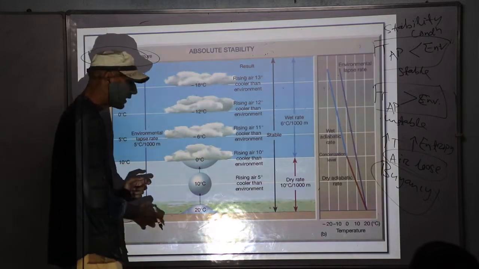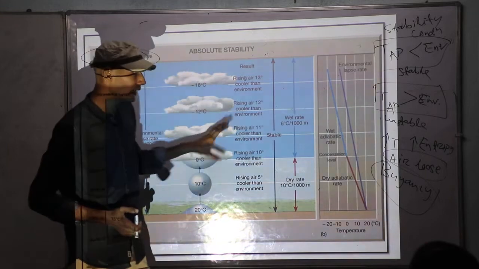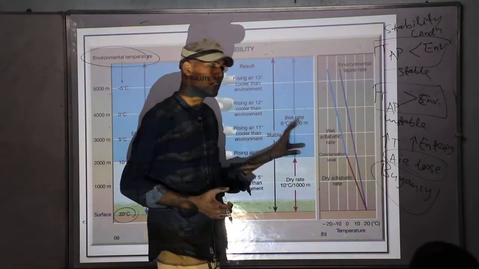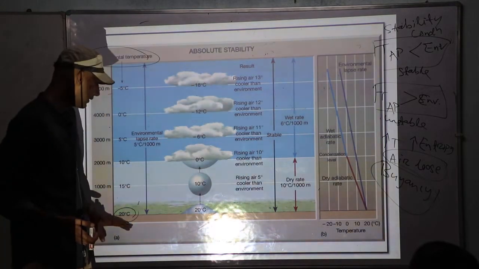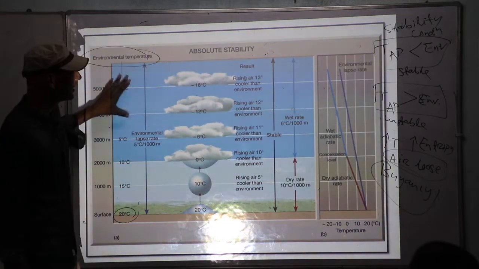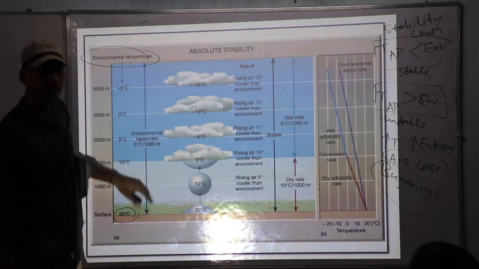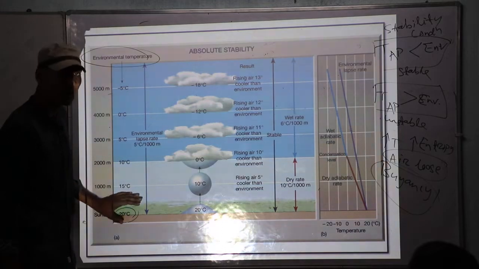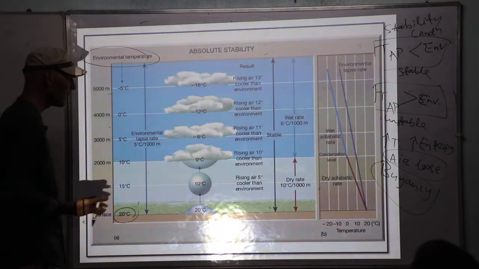The land surface can get easily heated and the air, the atmosphere, is a poor conductor of heat. So the air near surface will have higher temperature, but the upper atmospheric air will have lower temperature, because the heat cannot be transmitted through the air. So the air which is nearer to surface will have higher temperature as compared to the upper atmospheric air.